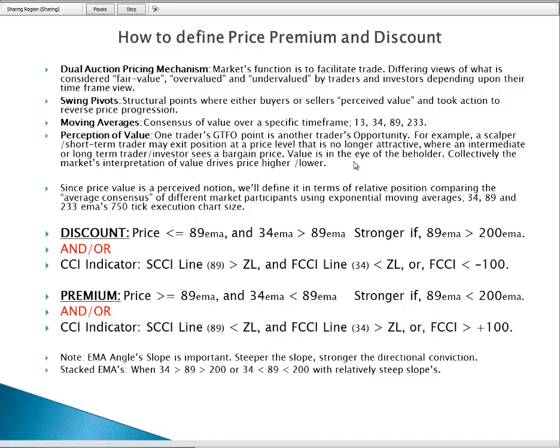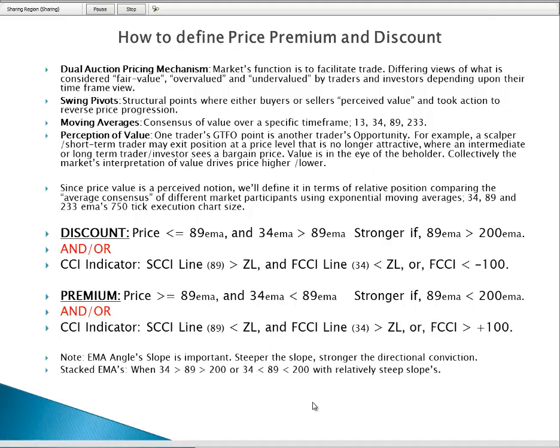So the next note here is when you have stacked EMAs, which is 34 greater than 89 greater than 200, or vice versa, 34 less than 89 less than 200, with relatively steep slopes, that increases the strength of a signal. All right, so that's the core definition.